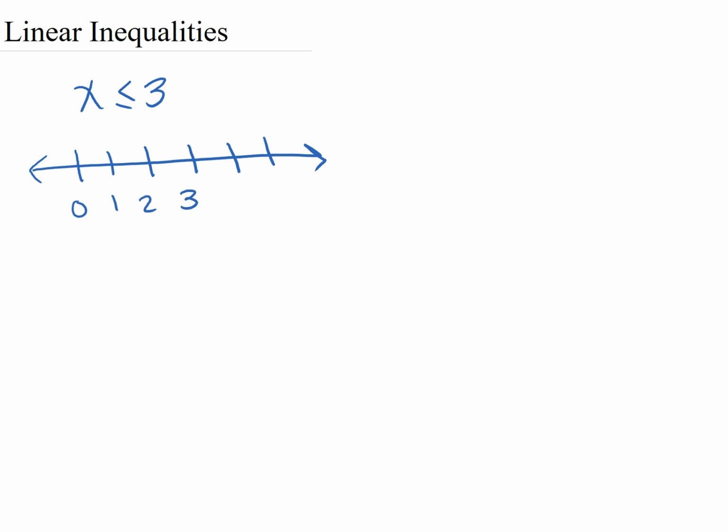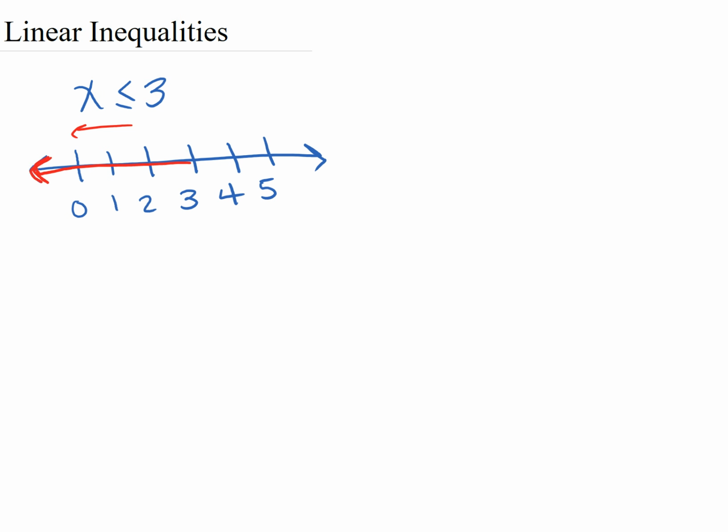If I have an inequality where x is less than or equal to some value, when I'm doing my graphing, I set up my inequality. x is on the left, so I can follow my graph to the left or the less than side from 3.